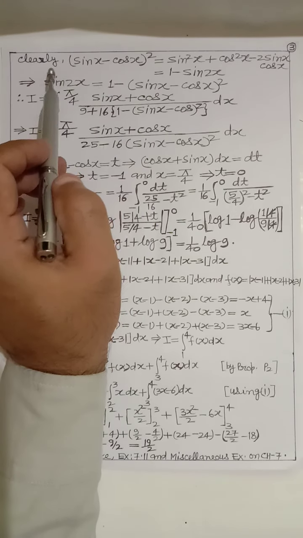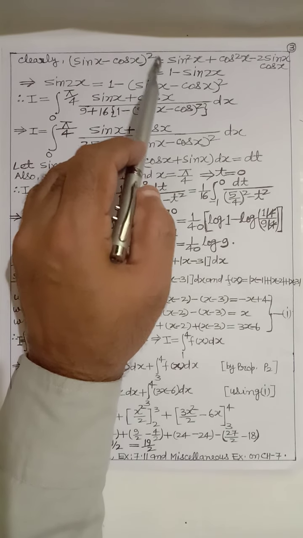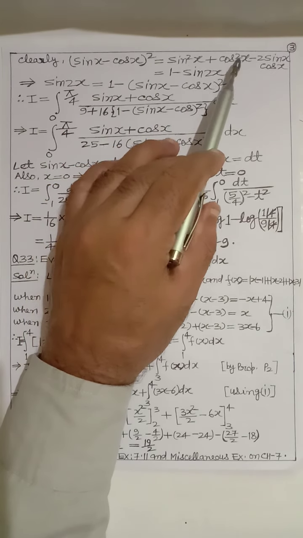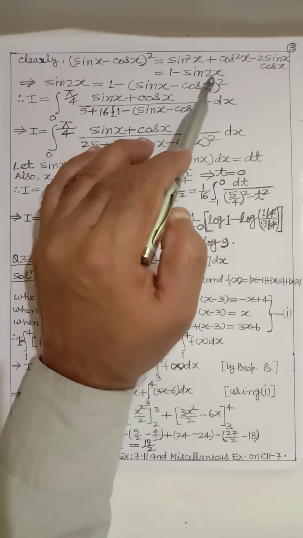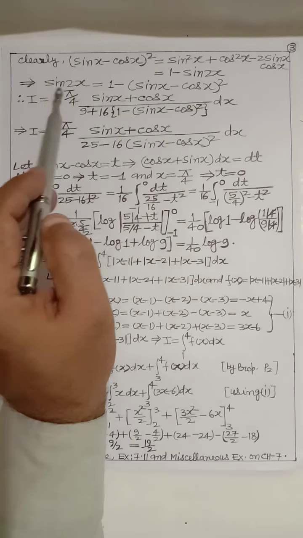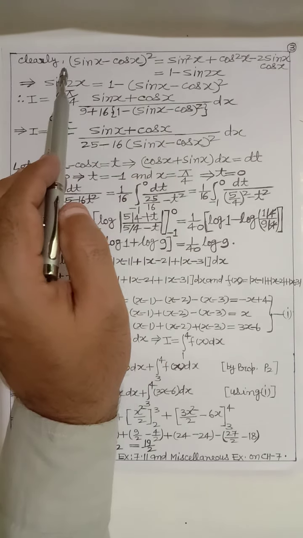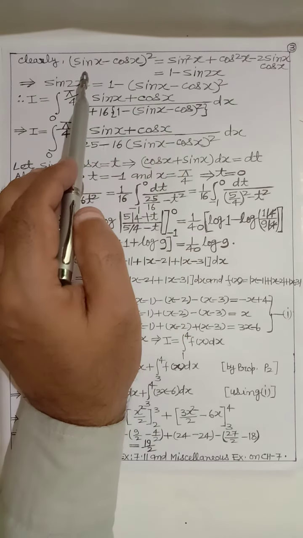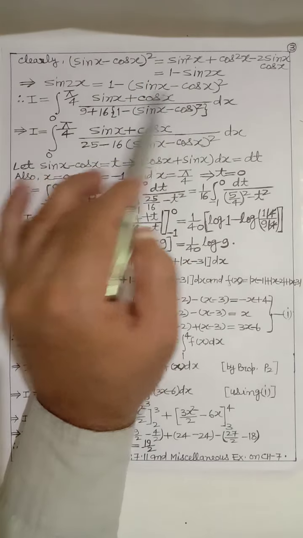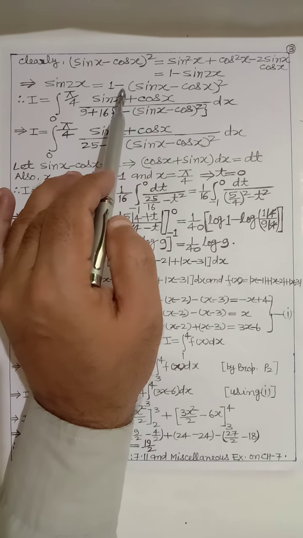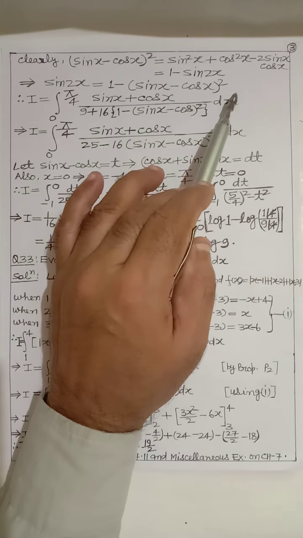Clearly we know sin x minus cos x whole square equal to sin square x plus cos square x minus 2 sin x cos x, and this is equal to 1 minus sin 2x. This implies that sin 2x equals 1 minus sin x minus cos x whole square, if we transfer minus sin 2x to the left side and sin x minus cos x whole square to the right side.